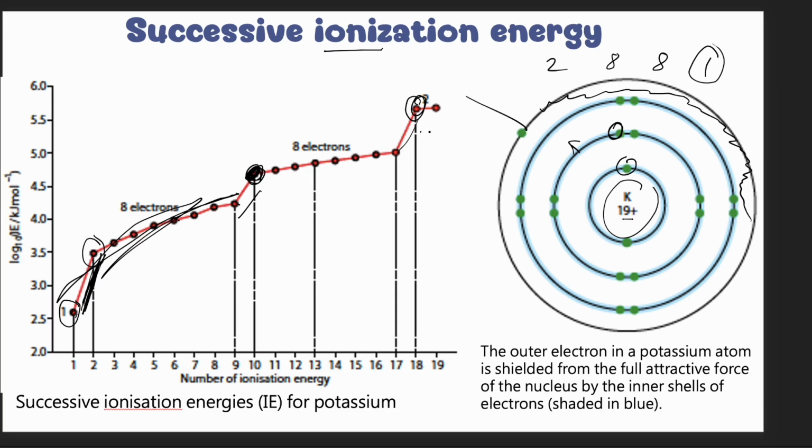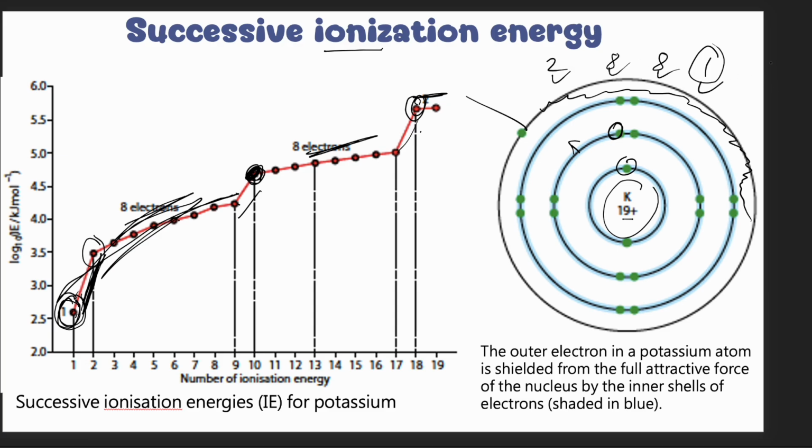So the big gap, the large differences in the ionization energy, shows you the number of main energy levels. So there is the first energy level, and that's main energy level 1, 2, 3, 4. So it has 4 shells, and it's correct.